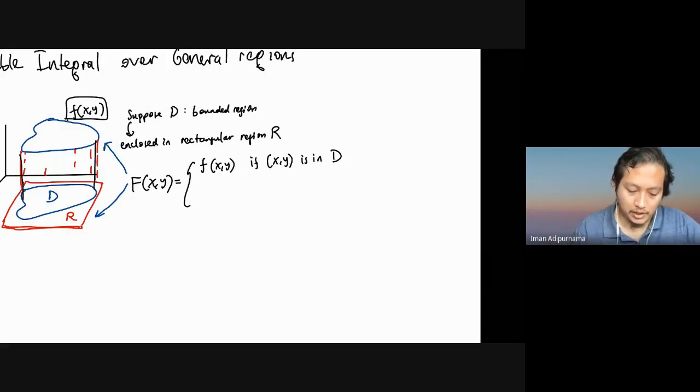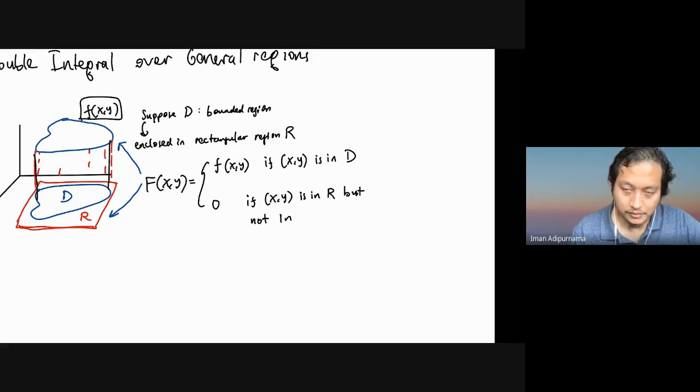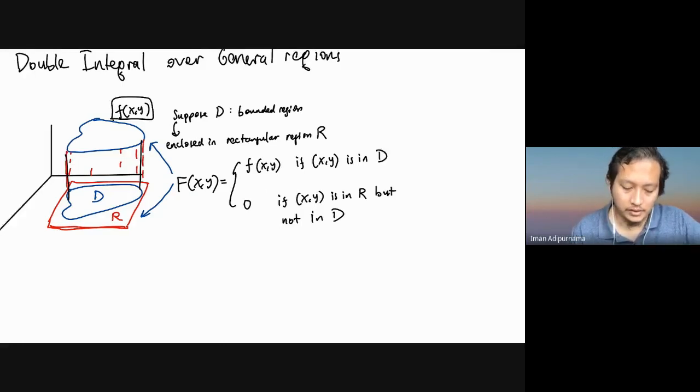And we can define that the big F is equal to 0 if the points are in R but not in D. Okay, I hope you get the point from these definitions.